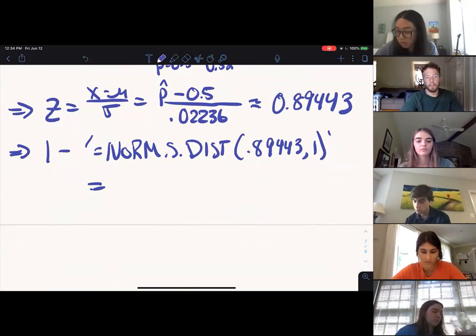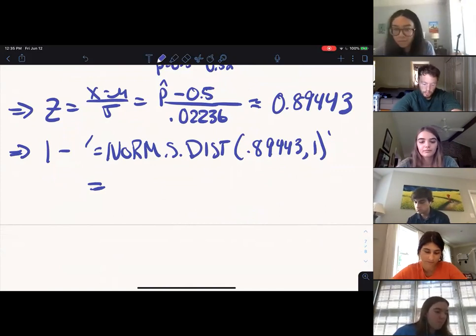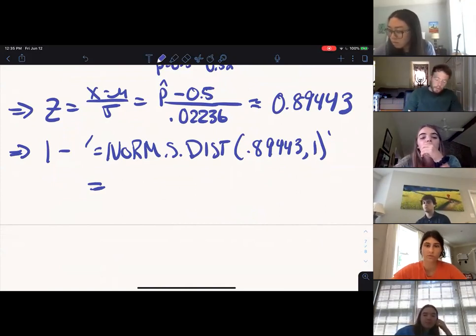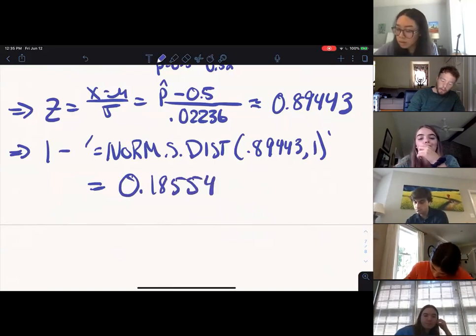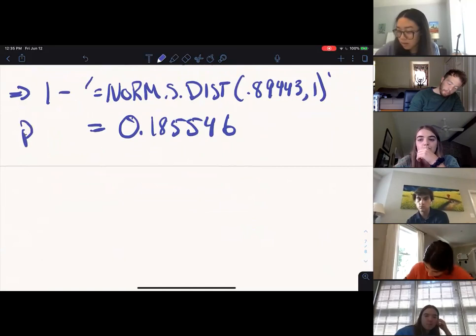All right, let me put it in my Excel one second, which is 1 minus norm.s.dist of 0.89443, which is going to be around 0.185546. Okay, so we found our p-value.